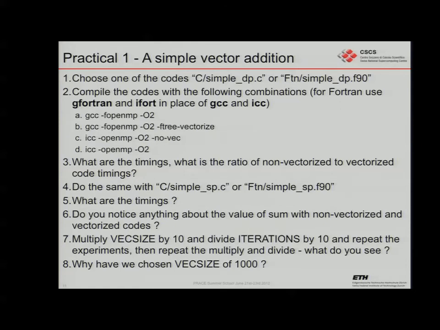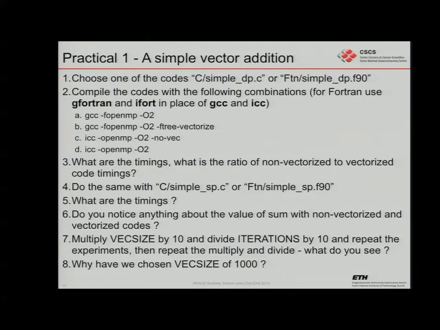The different commands are with GCC there. We're using OpenMP, by the way, just because I want the timer from OpenMP. There's no OpenMP in these things. With -O2, which doesn't vectorize by default, and then with -ftree-vectorize, which does. On the other hand, with ICC, it's the other way around. It does vectorize by default, and we have to switch it off. Okay?